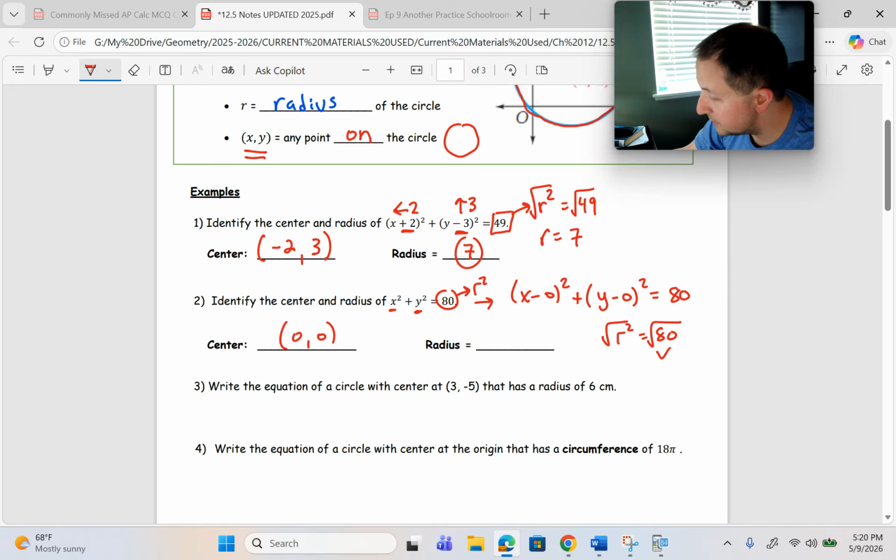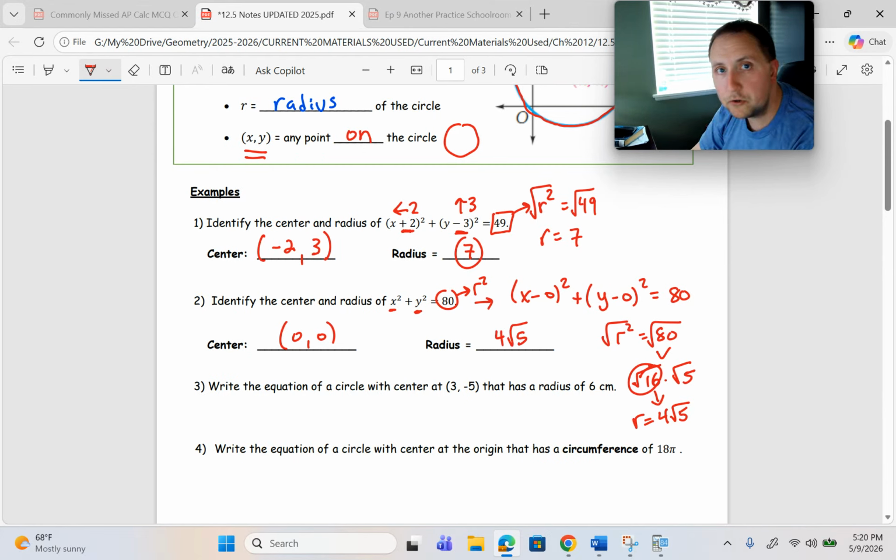Okay, if we break down 80, biggest perfect square that goes into 80 would be 16. 16 times 5. So I'm going to do root 16 times root 5. Square root of 16 comes out of the radical as a 4. And 5 cannot break down further since that's prime. So my radius of this circle would be 4 rad 5.